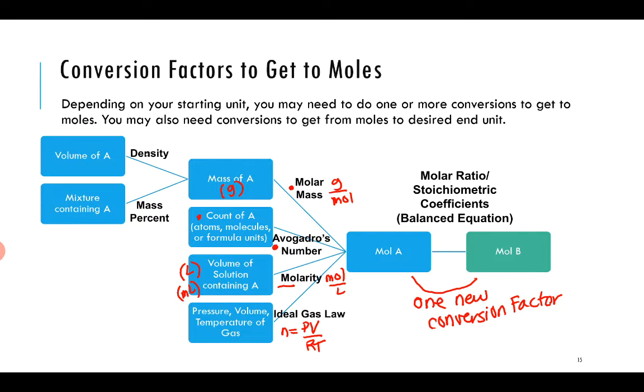You could also, if you had the density of a solution, then you can use that density of solution to go from a mass of solution to a volume of solution. Densities have units of like grams per milliliter. So you just have to know what it's density of. If it's density of a substance, that's going to take you to mass of a substance. If it's density of a solution, it's going to take you to volume of that solution.